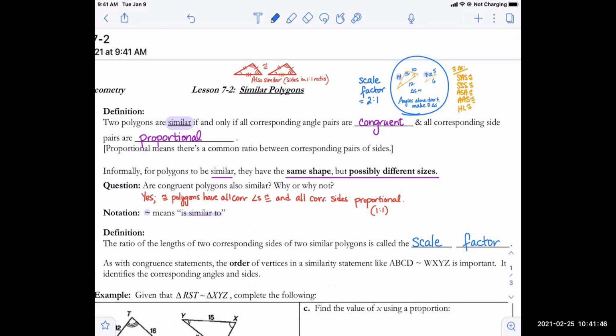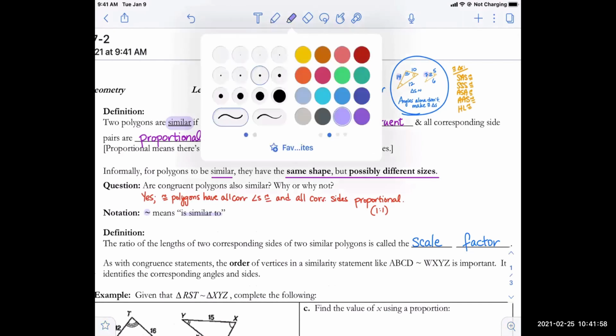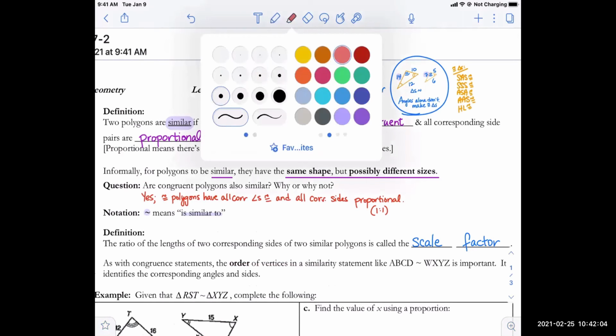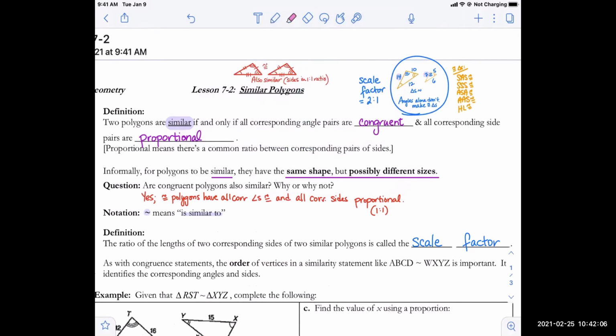And then the other thing, before we jump into problems, is that the order matters when you write the similarity statement, just like with congruence. If the vertices are put in a certain order in a similarity statement, that means that's how they match up.